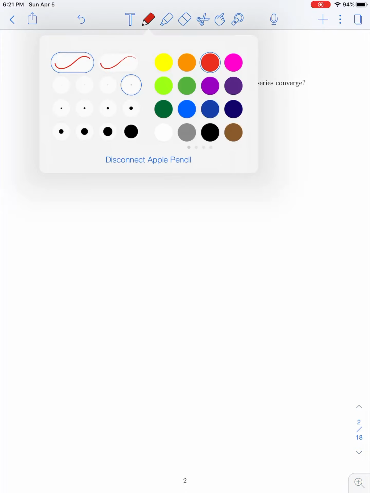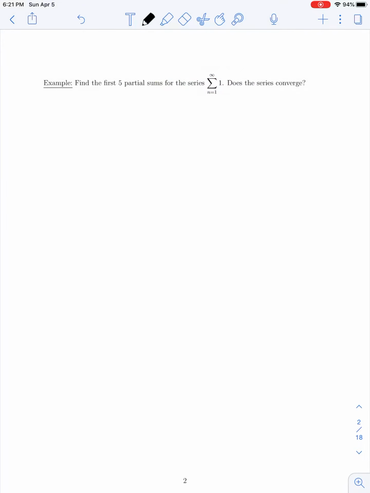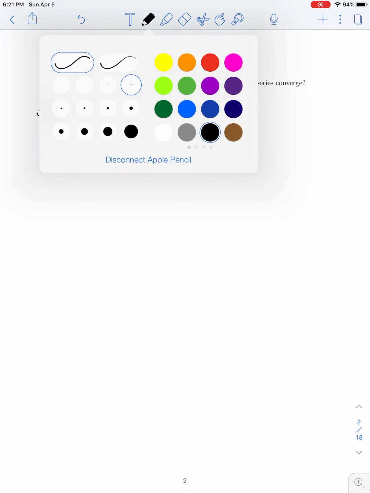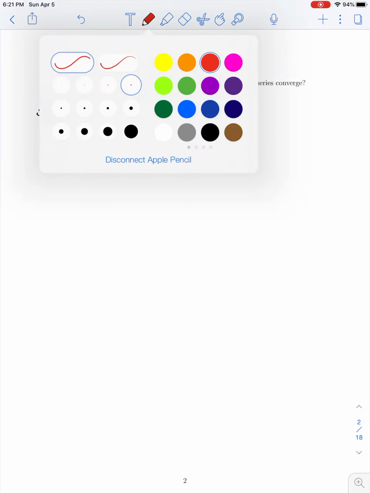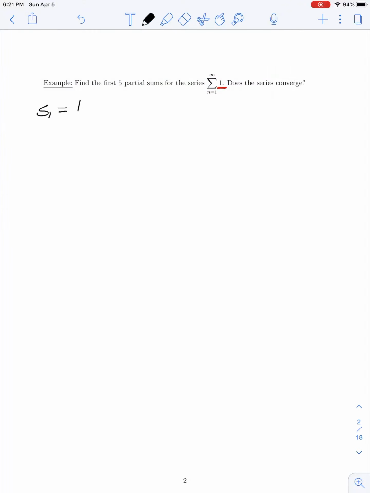Let's start by finding our first 5 partial sums, starting with S1, the first partial sum, which would just be the first term of my series. In this case, every term of our series is defined as a constant 1. So S1 would be the sum of just the first term, which is 1.